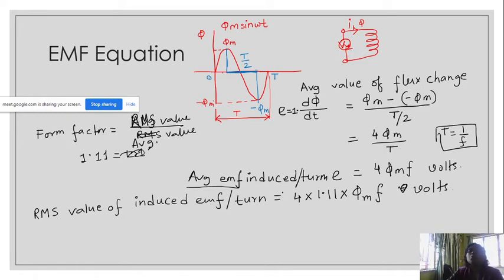Now you can understand that in the primary winding as well as in the secondary winding, there will be several turns, not a single turn.